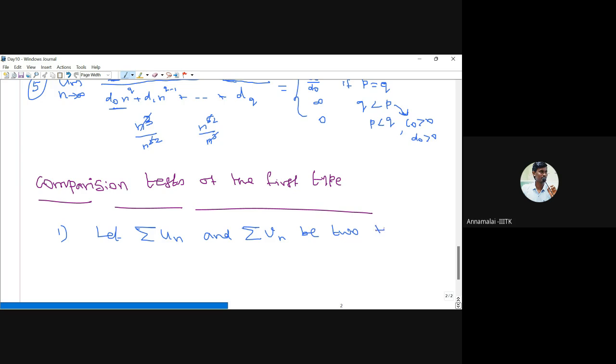Positive terms, so that is very important. Such that un is less than or equal to vn.